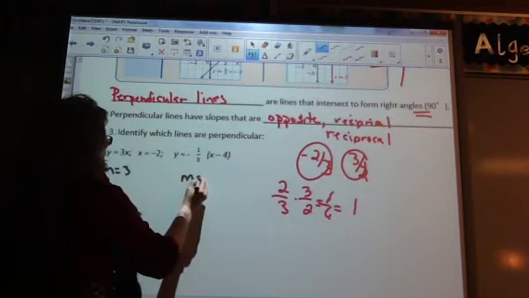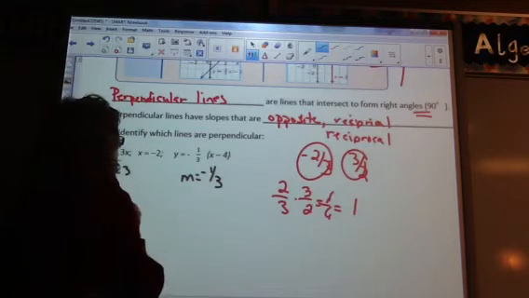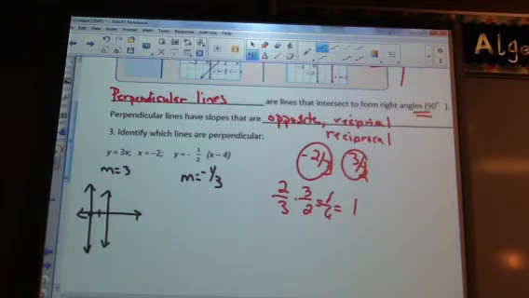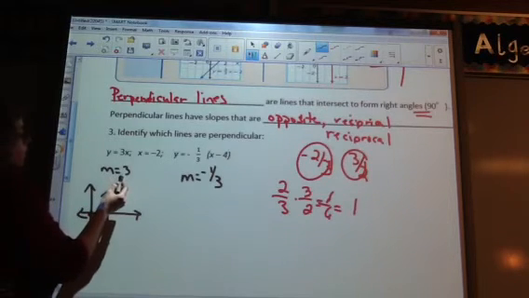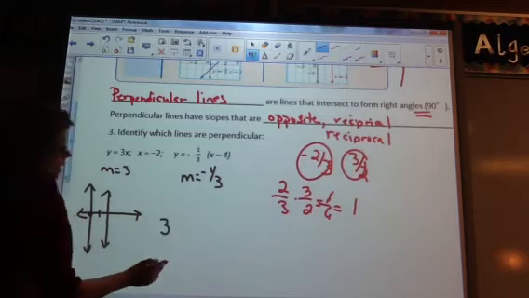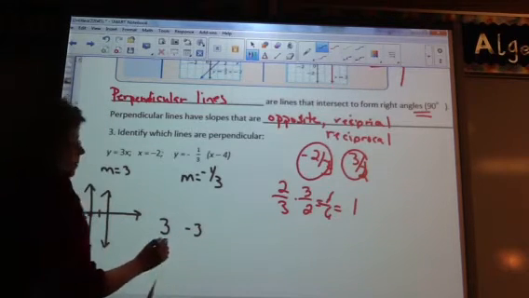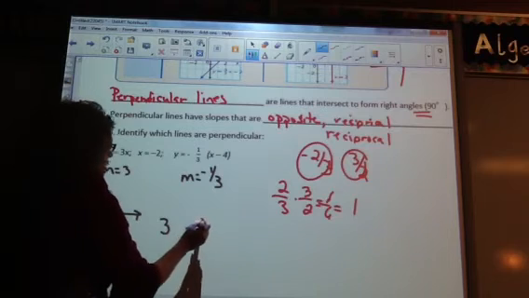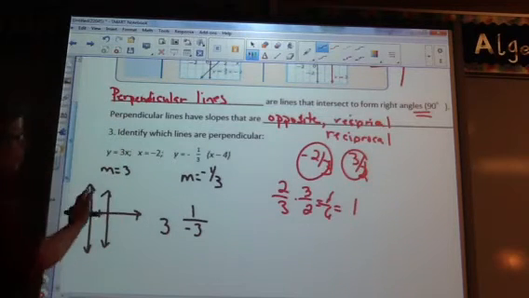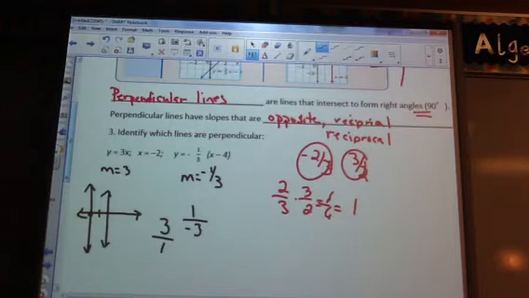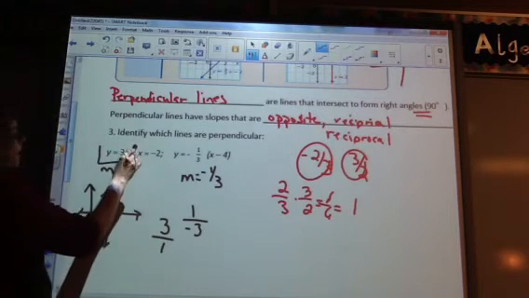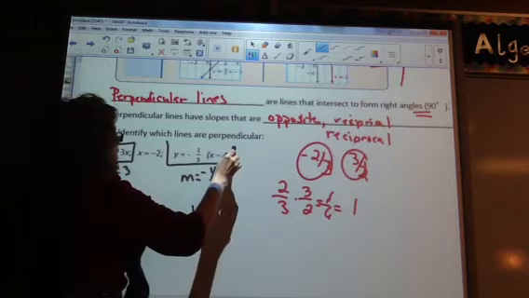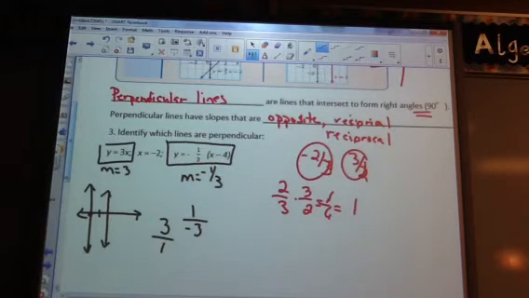Right here my slope is negative 1/3. All right, well, slope of 3, opposite of 3, opposite will be negative 3, but then the reciprocal of that, where you put it under 1, you would flip it. Okay, so this line and this line are perpendicular when you graph those.